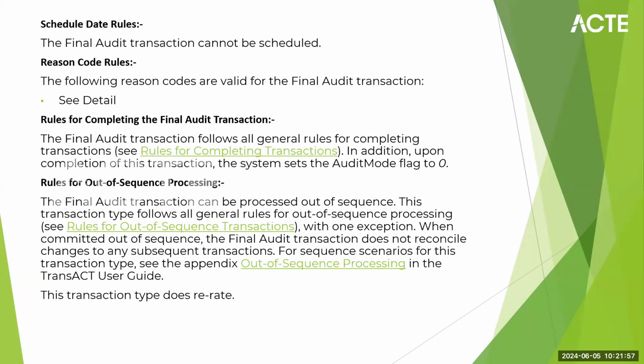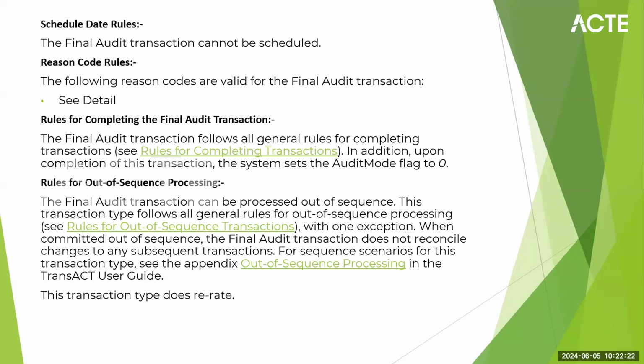Rules for out of sequence processing: the final audit transaction can be processed out of sequence. This transaction type follows all general rules for out of sequence processing, with one exception. When committed out of sequence, the final audit transaction does not reconcile any changes to any subsequent transaction.